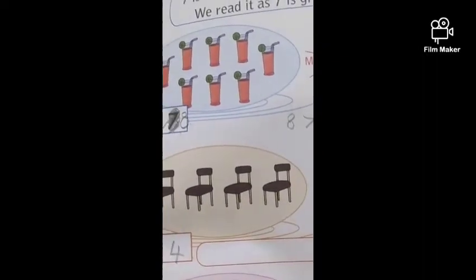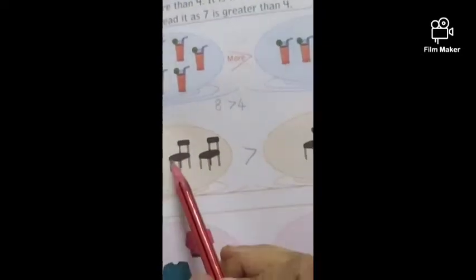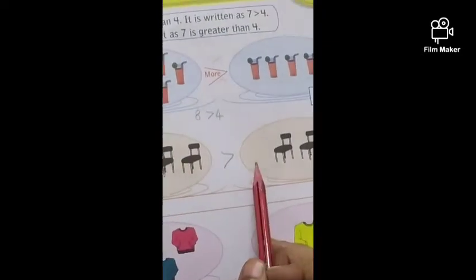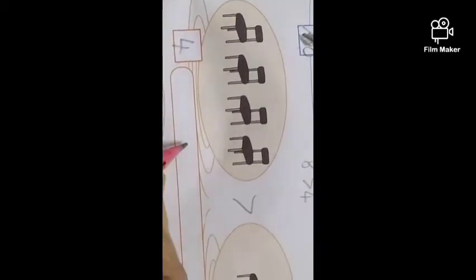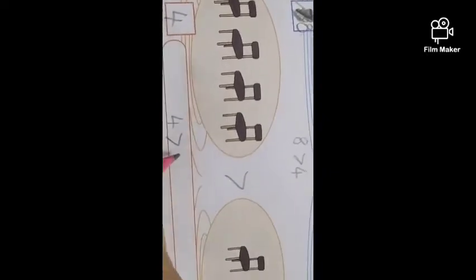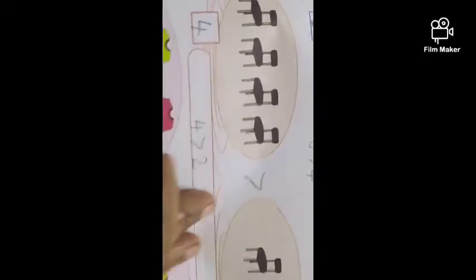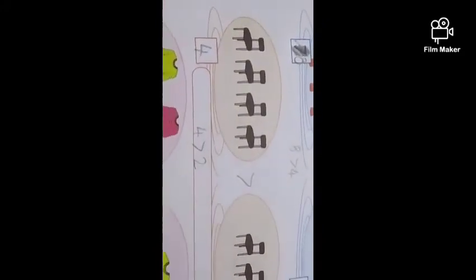So we have to put the sign like this. 4 chairs here, here 2 chairs. So now we can say 4 is greater than 2. Write it here like this, as ma'am has written. 4 is greater than 2.